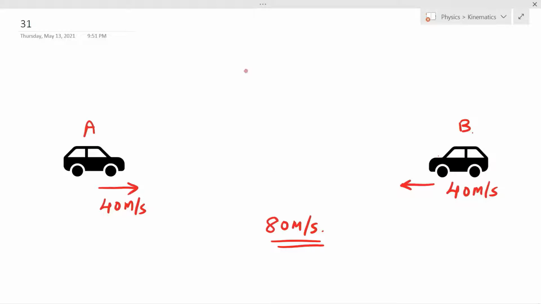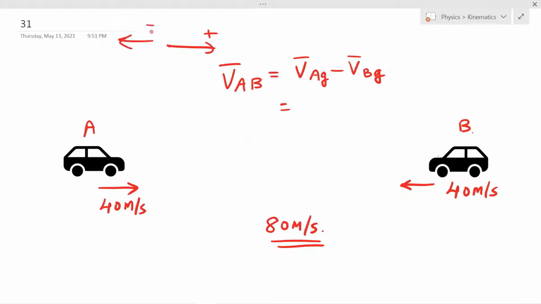Now in this case, the velocity of car A with respect to B will be the velocity of A minus the velocity of B. Again, these velocities are with respect to ground. You can write a G over here to indicate it is with respect to ground. Let's say this is the positive direction and this is the negative direction.